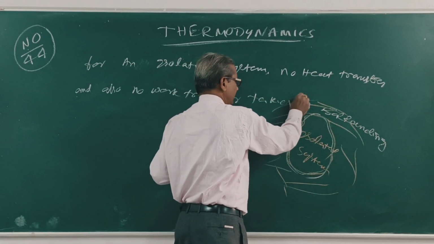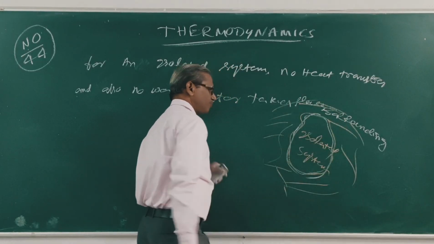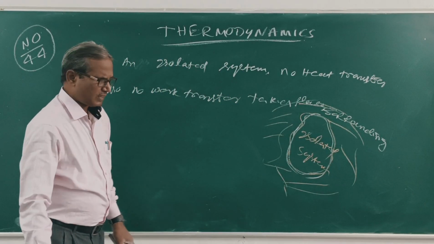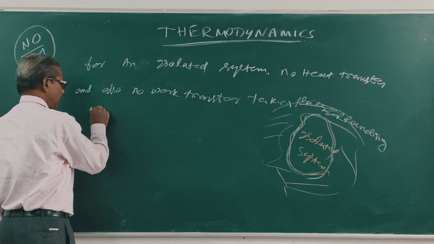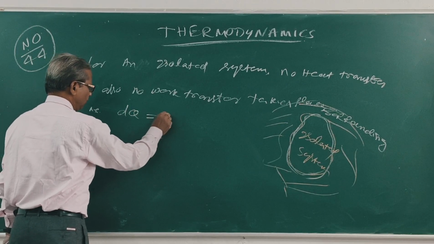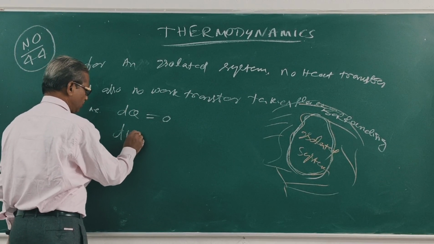Clear? That is dQ is 0 and dW is equal to 0.